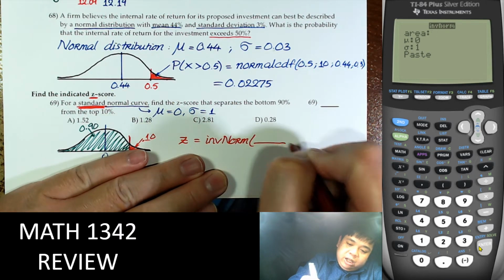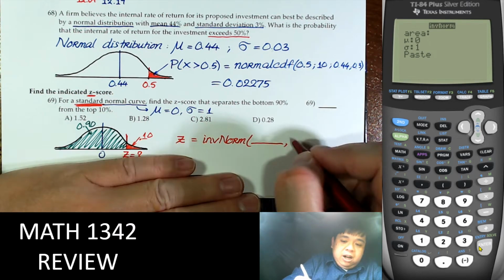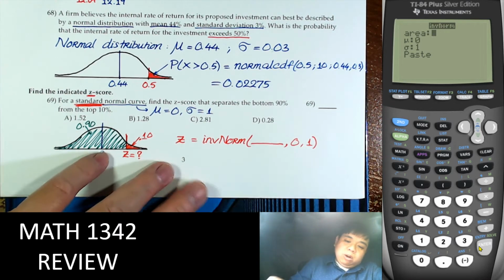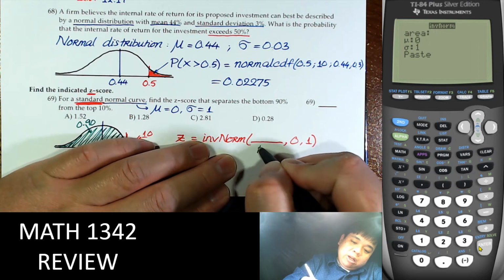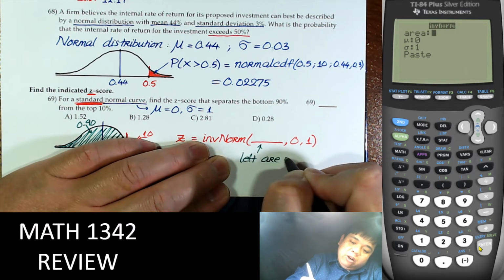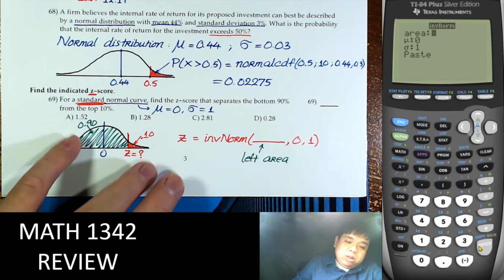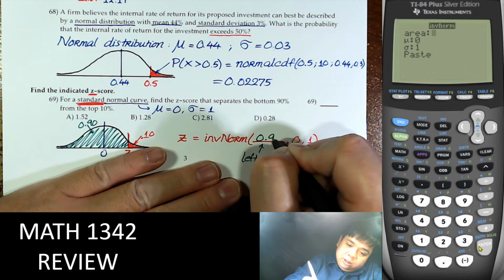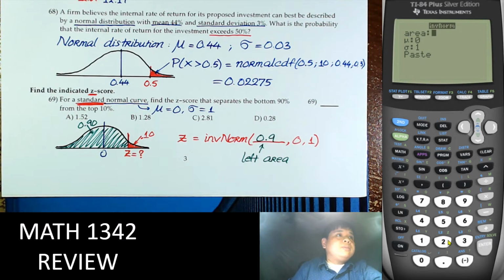Enter a mean of 0, standard deviation is 1. But whatever we enter here, it has to be the left area, the area on the left of Z. So in this case, that is 90% on the left.